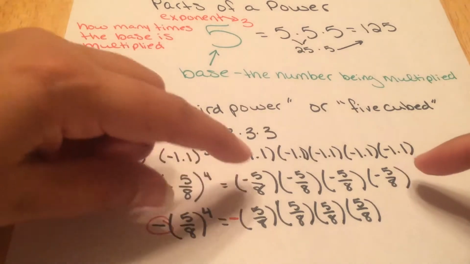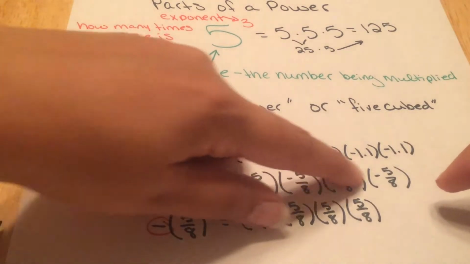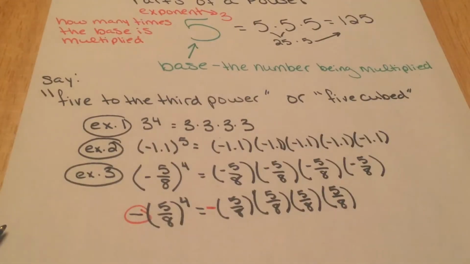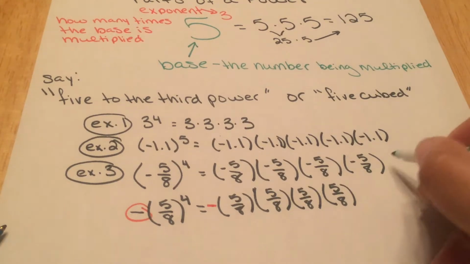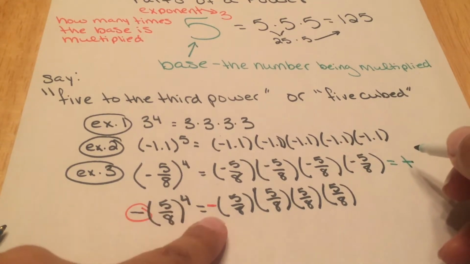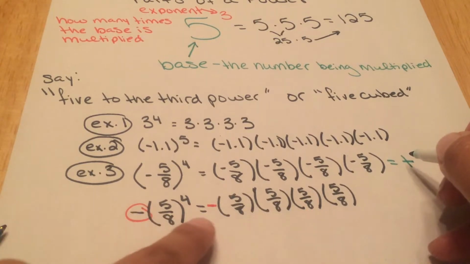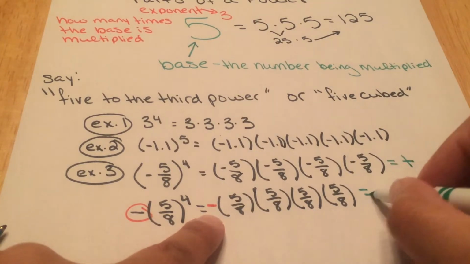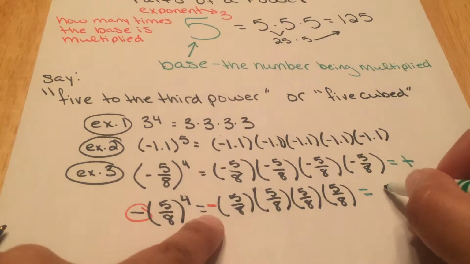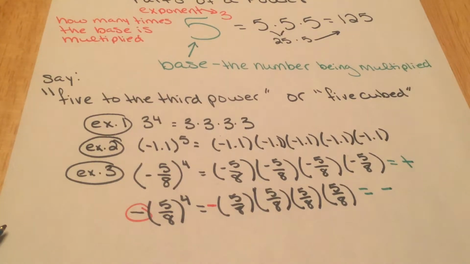So in the first case, we have an even number of negatives, so our answer is going to be a positive number. In this case, we have an even number of fractions, but we only have one negative, and anytime we have an odd number of negatives, our answer is going to be negative. So this is the big difference between when we include the parentheses and when we don't.